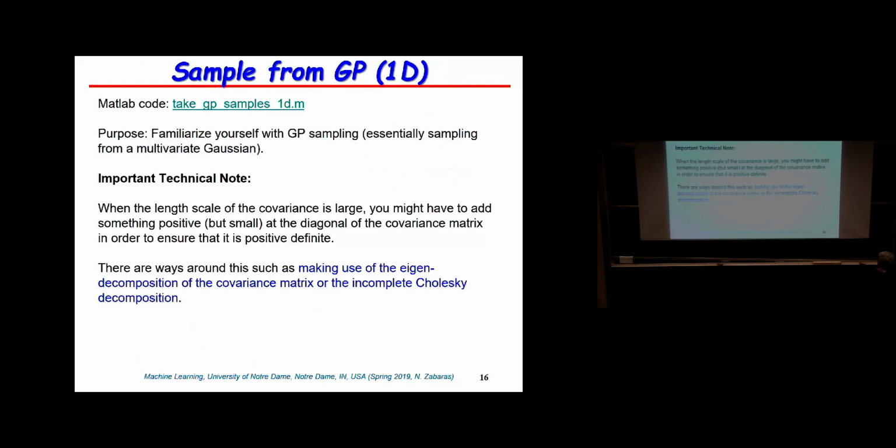So what you need to do is be sure that this covariance matrix is invertible. There are a lot of tricks in practice to stabilize the covariance matrix, and they go under different names.